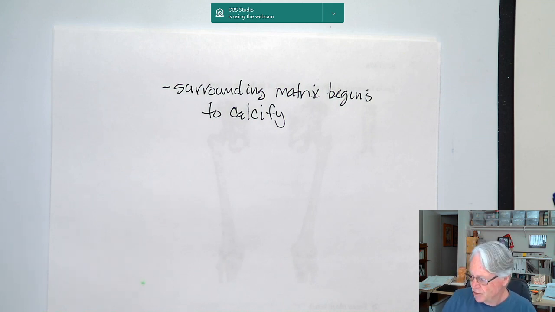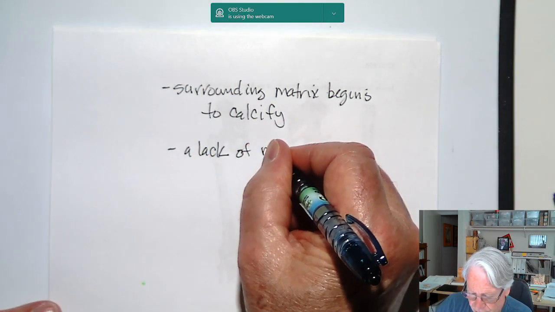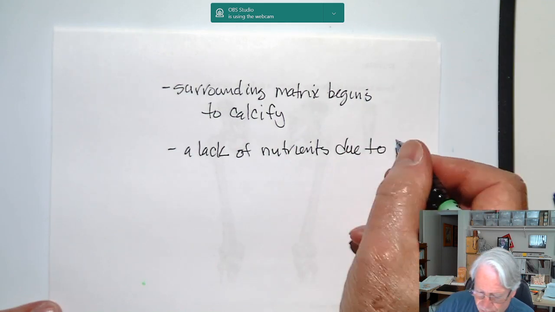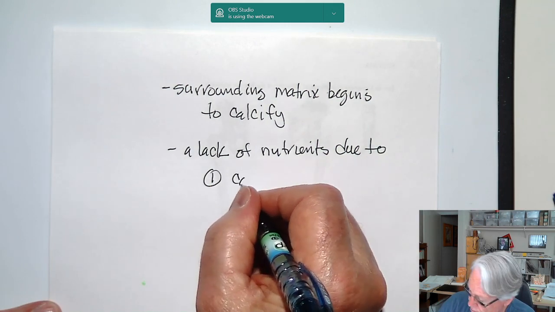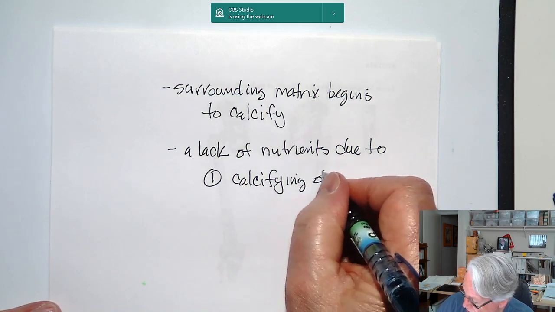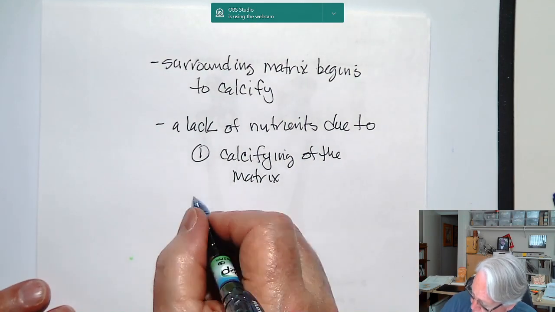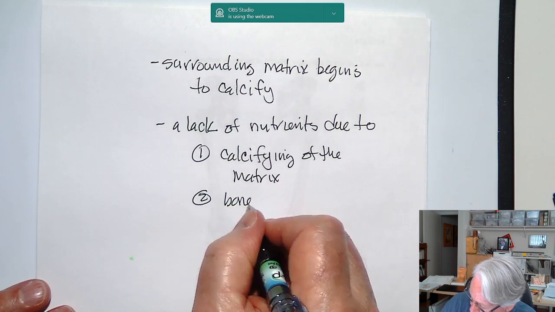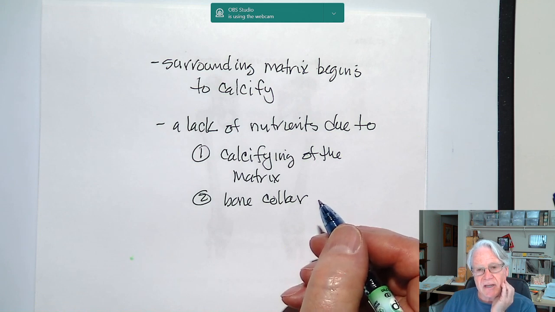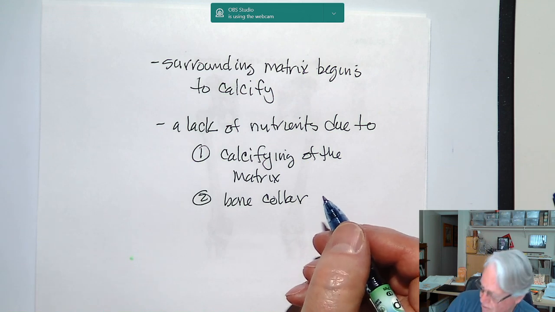Okay? So a lack of nutrients due to, number one, the calcifying of the matrix, and number two, a bone collar, which we have not yet described, but that's going to come shortly, and that's also going to increase the difficulty of material getting into the center of the growing bone model.